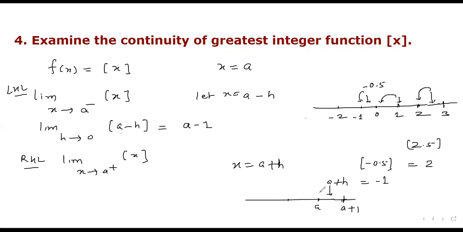Its greatest integer will fall back to the previous whole number. So this gives limit h tends to 0 of a, the h portion is removed and the answer will be a. What we have observed is that in case of LHL it is reduced by 1, and in case of RHL we have got just that value. So these two are not equal, hence the function is not continuous.